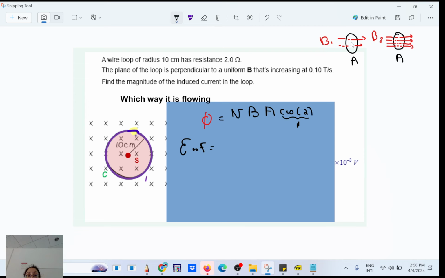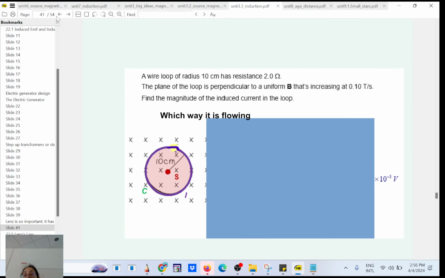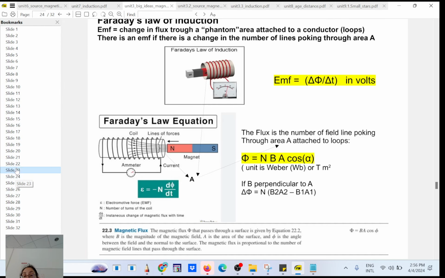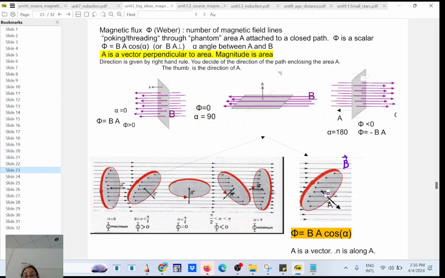Cosine is 0? No, because when you are talking about the angle, you are talking about the angle between the magnetic field and the vector perpendicular to the membrane. So if the membrane is perpendicular to the magnetic field, alpha equals 0, and cosine of 0 is 1.